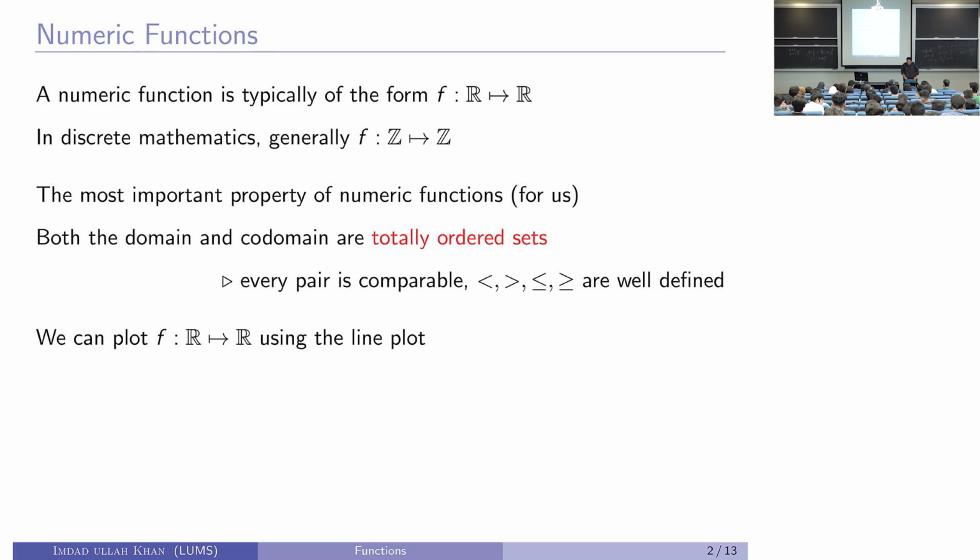That is not true about many sets. If I give you two apples, are they comparable? If you remember, on the first day we did this thing, a lot of theoretical computer science comes down to this: that I can compare numbers, integers, even negative numbers, real numbers, negative real numbers.